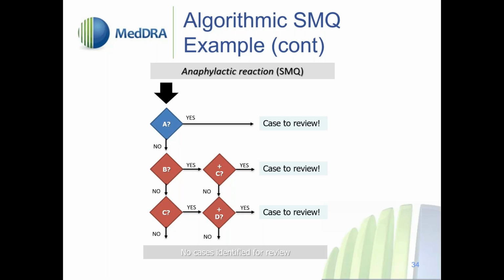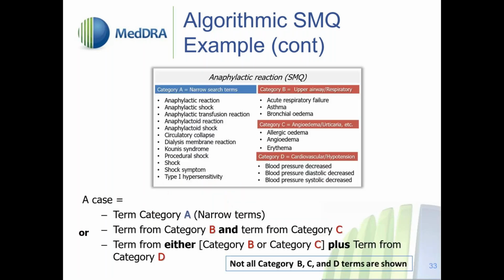So our algorithm for anaphylaxis says, if you have a narrow term, that's a hit, or you need a category B, which is a respiratory sign or symptom or manifestation. And in addition to a respiratory symptom, you need one from category C. So for example, angioedema or erythema or one of the other cutaneous or urticaria signs or symptoms.